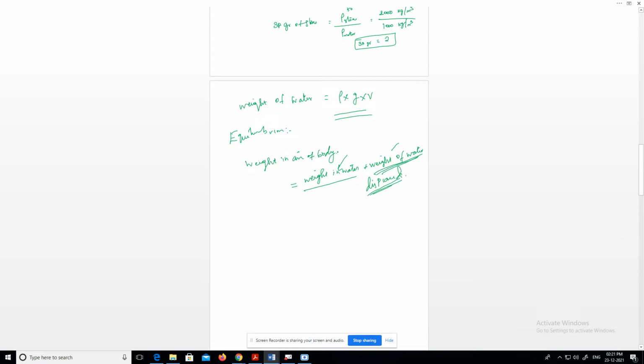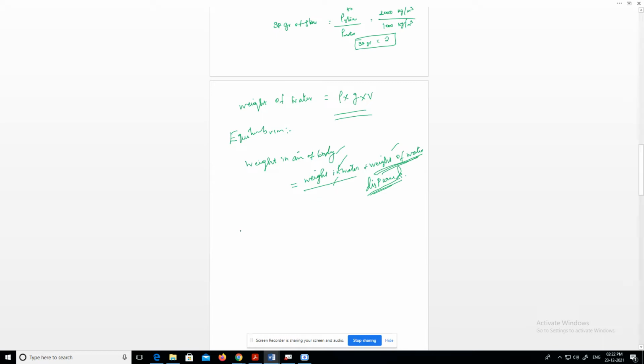By using these relations, we can calculate the unknown value of the volume of the body, the weight of water displaced, and how much height is submerged in water, and also we are able to find out the center of buoyancy, right?